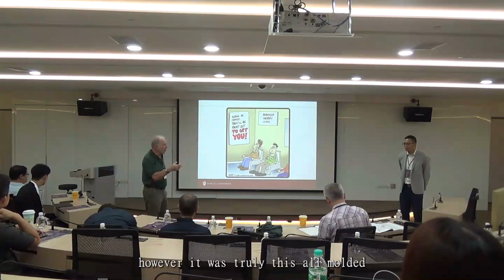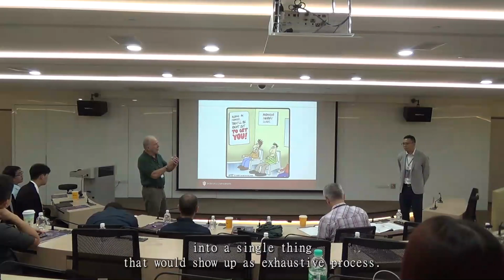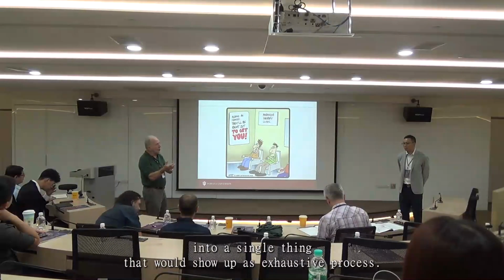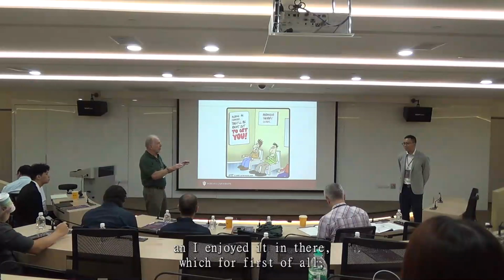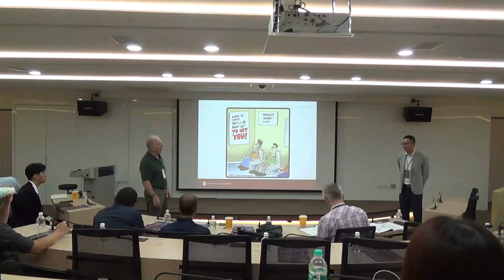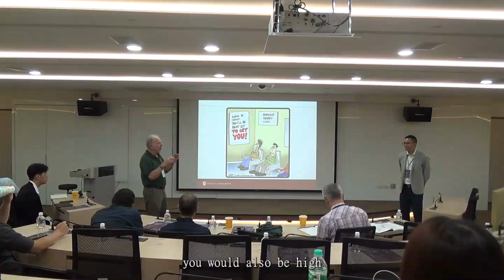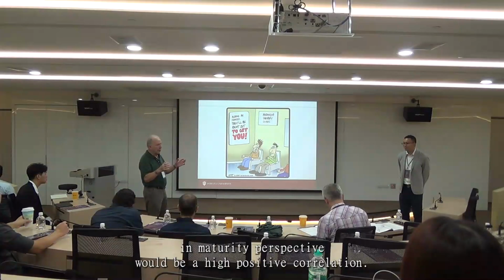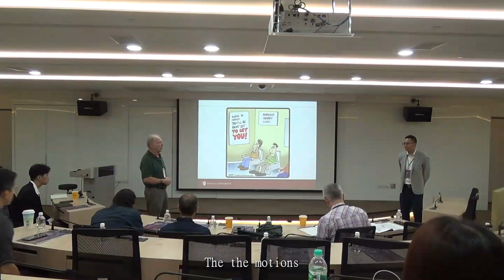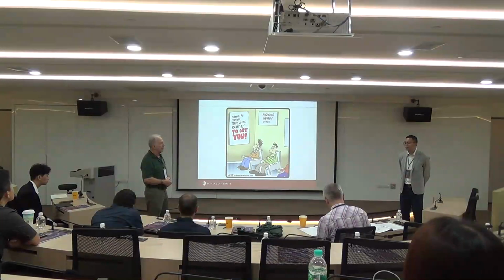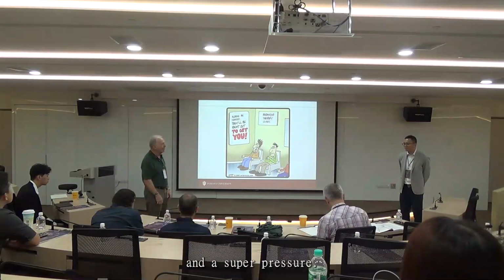However, if it's truly gestalt and molded into a single thing, that will show up as exhaustive processing. So it's kind of counterintuitive and therefore makes a very strong prediction. It would also be high from the GRT perspective: a high positive correlation among the features or the dimensions. And super capacity.